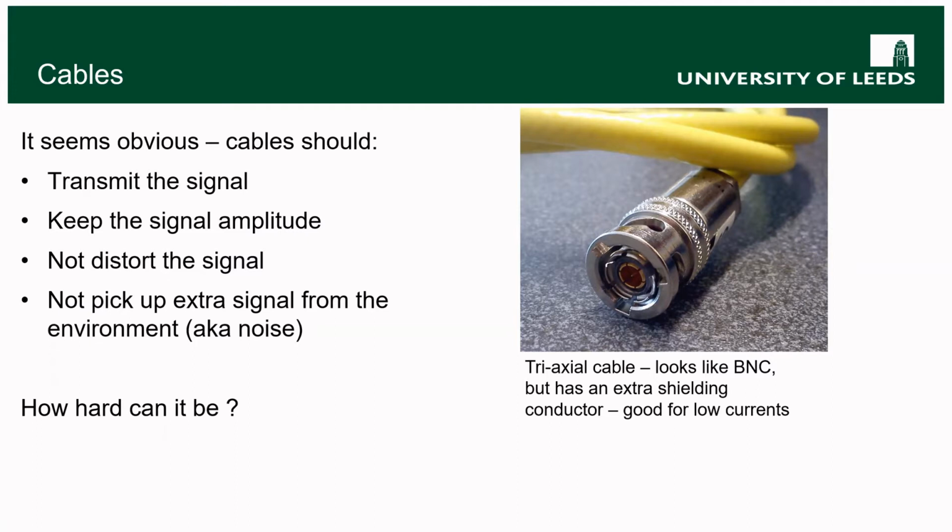You can tell the triaxial cable from a BNC by looking at it, because the plug and the sockets have three locating keys as opposed to just the two on a BNC. And if you look at it, you can see you've got all three conductors there. Triaxial cables, as we'll see later, are very, very good for situations in which you have low currents. So if you're measuring currents in the nanoamp, picoamp sort of range, then you'll almost certainly be using a triaxial cable.